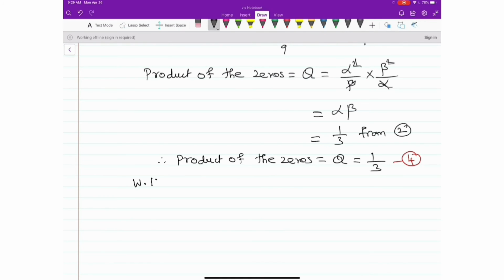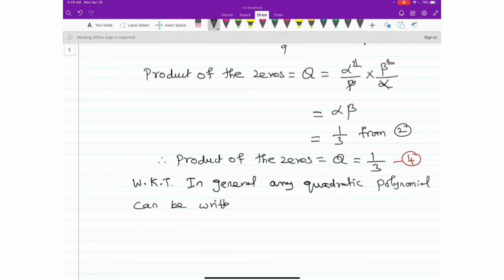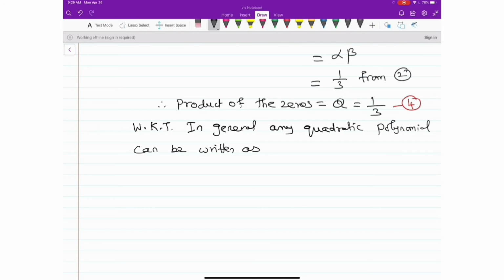We know that in general, any quadratic polynomial can be written as, this is the general form, f of x is equal to k into x square minus sum of zeros into x plus product of zeros.